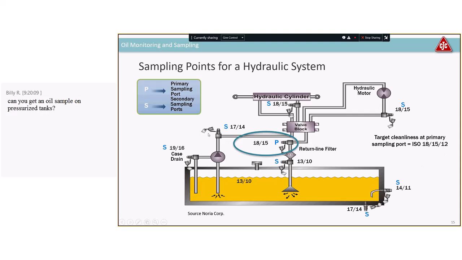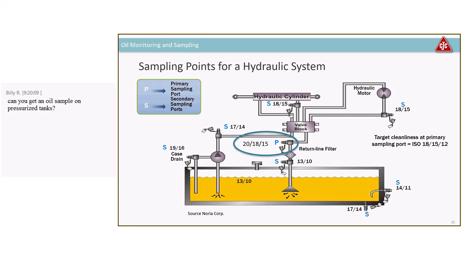Now this one is from Noria, so in the US very often you don't have 3 digits in the ISO code, you only have 2. So 18/15, is that the same as this? No, it's not. This is 20/18/15. When you're missing the first of the 3, it's always the one with the tiniest particles you're missing.